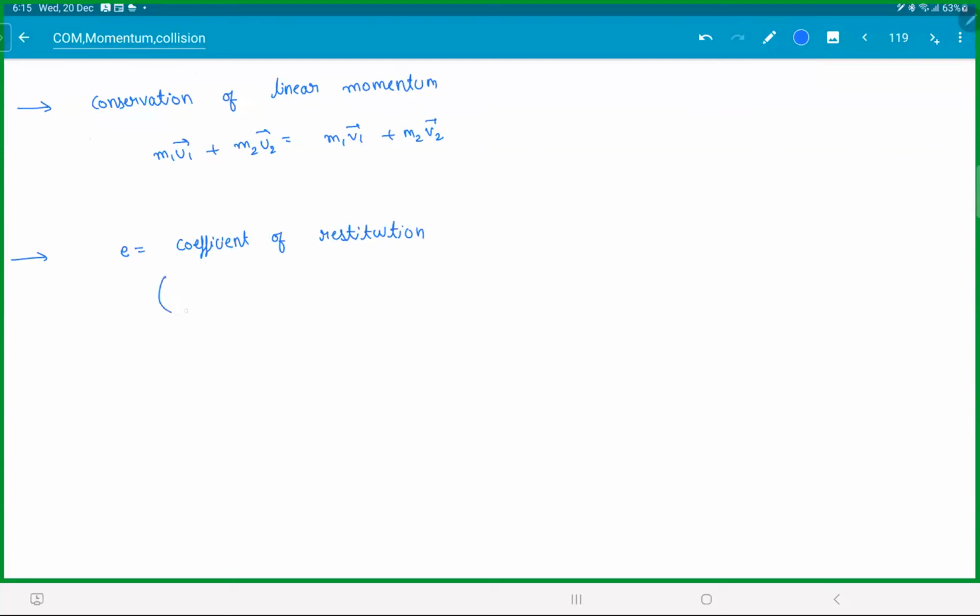Restitution, it's a Latin word. What it means is, it tells us how much energy is recovered from collision, from deformation. So E is equal to 1, meaning complete recovery.